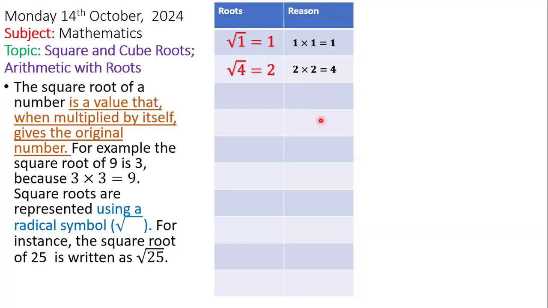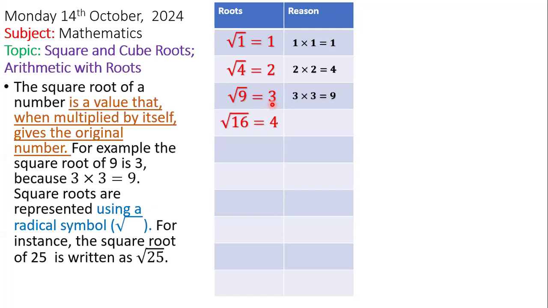Very good. Next, what is the square root of 9? 3. Why? Because 3 times 3 is 9. What is the square root of 16? 4.